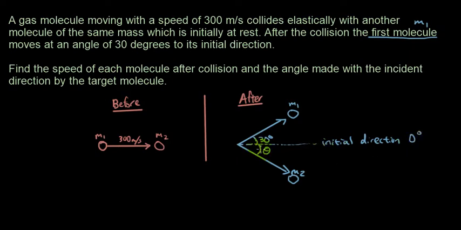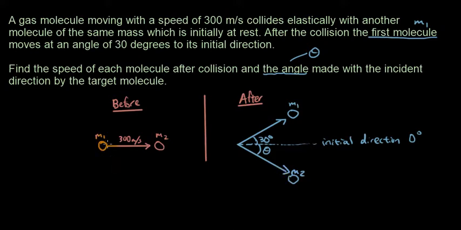Theta is what we're trying to find, the angle that molecule 2 is moving at, and we also want to know the speed of each molecule after the collision. So we want to know what speed M1 is moving at and M2 is moving at.